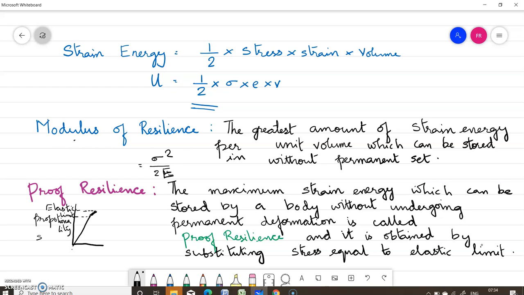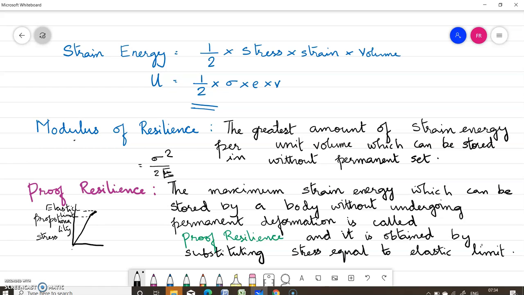So in the stress strain curve you have two limits. Proportionality limit, the stress corresponding to the point where stress is proportional to strain and the variation is a straight line, and on removal of the load this material will regain its original shape.